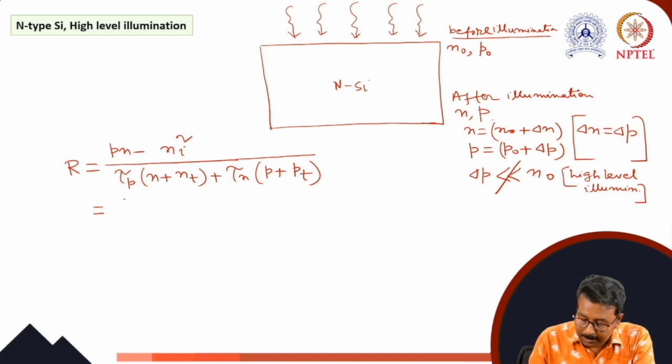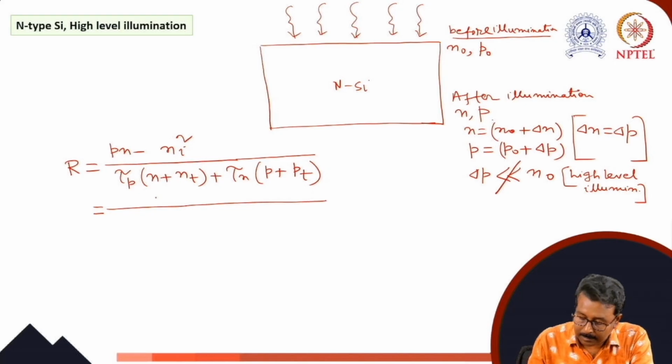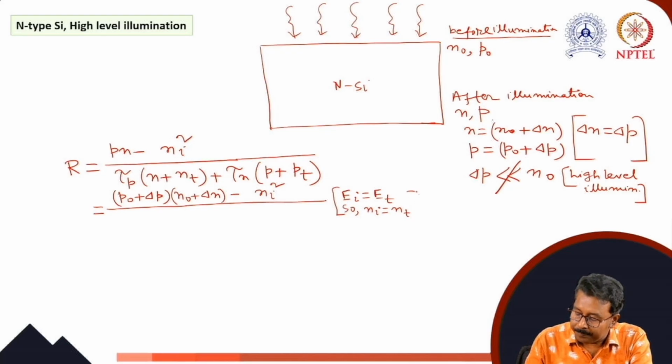So in the numerator part it will be P0 N0 plus... better to write the whole expression first: (P0 plus delta P)(N0 plus delta N) minus Ni square, with the same example that Ei is equal to Et, so Ni is equal to Nt.